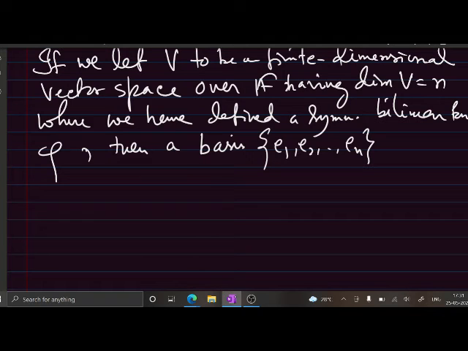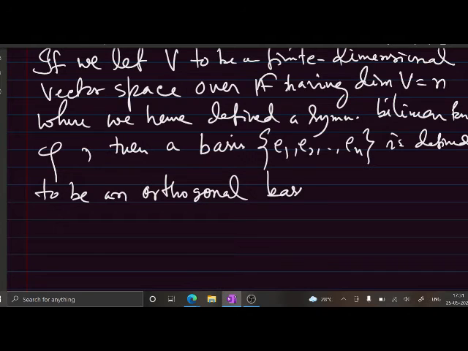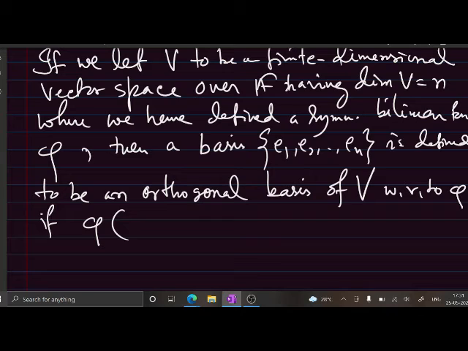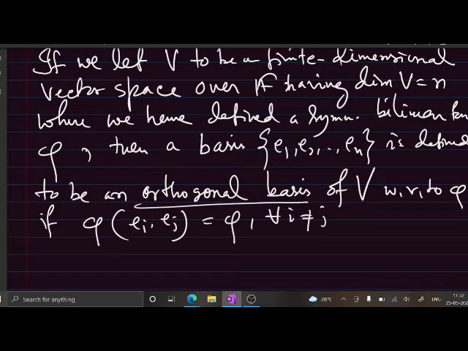So a basis e1, e2, en is defined to be an orthogonal basis of V with respect to the bilinear form phi if phi of any pair of distinct vectors taken from e1, e2, en, that is phi of ei, ej, is 0 for all i, j where i is not equal to j.